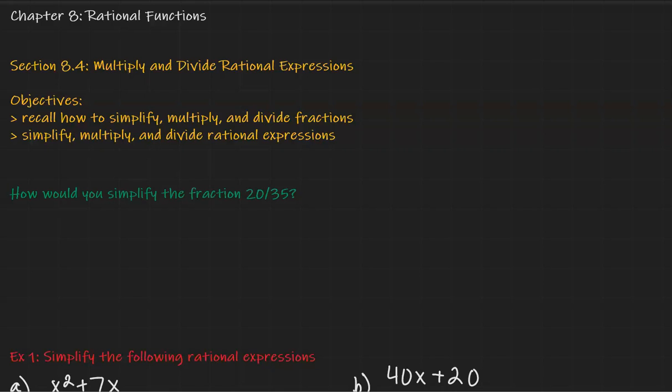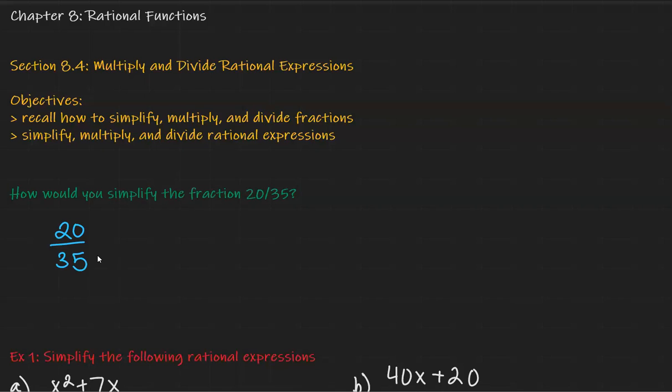All right. So our objectives are to recall how to simplify, multiply, and divide fractions. And we're going to use that knowledge to simplify, multiply, and divide rational expressions because it's kind of the same idea. So let's think about how you would simplify the fraction 20 over 35.